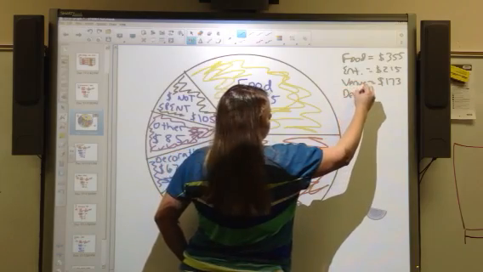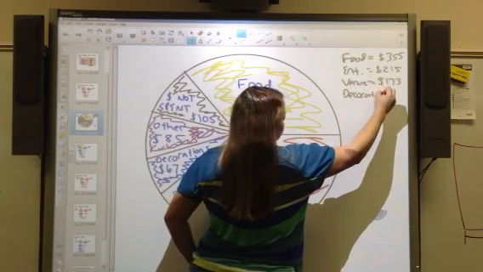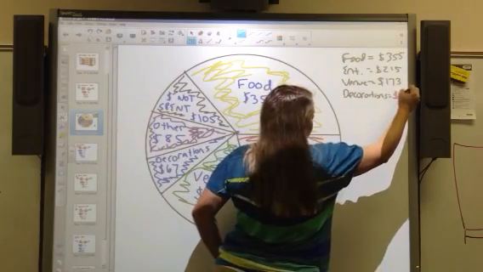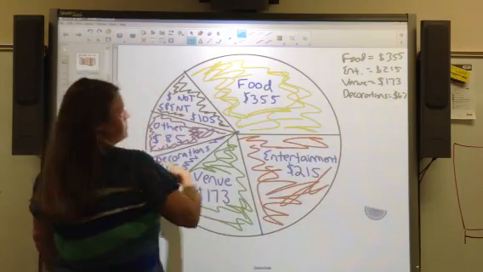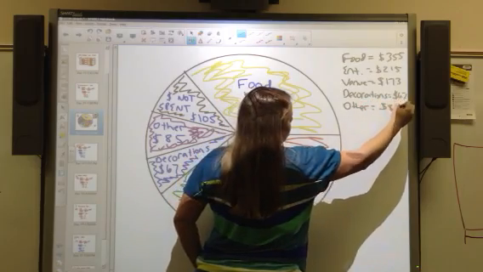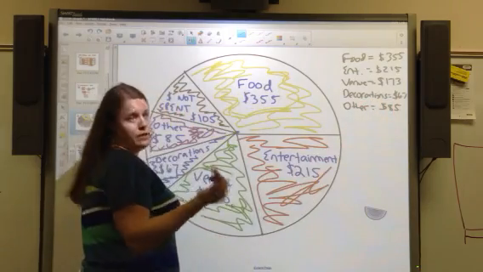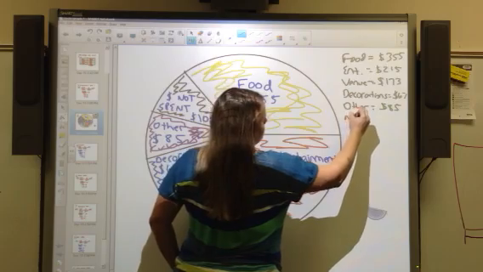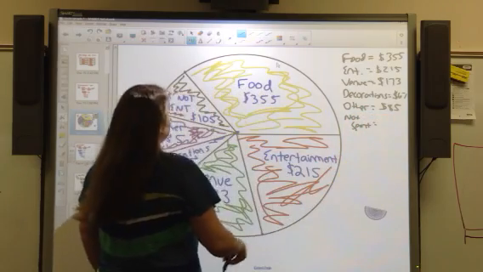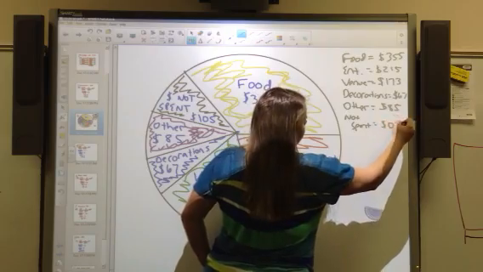Decorations was a 67. Other 85, and then not spent was 105.